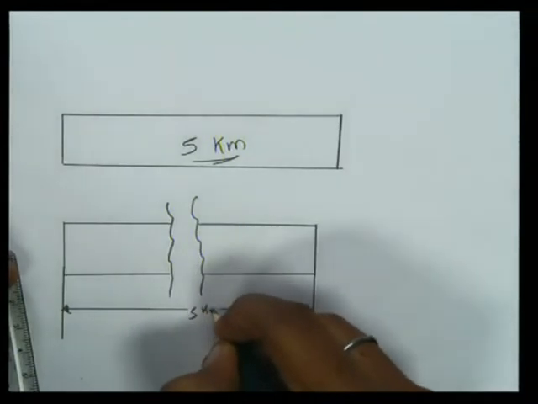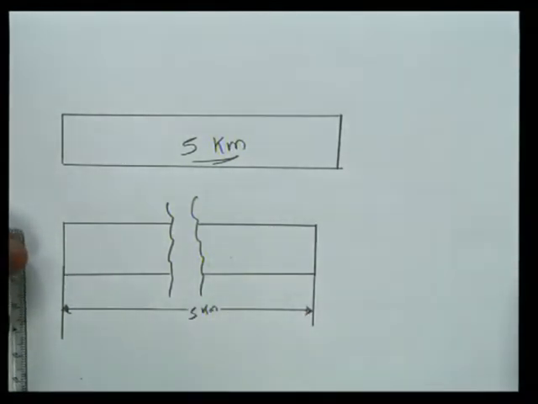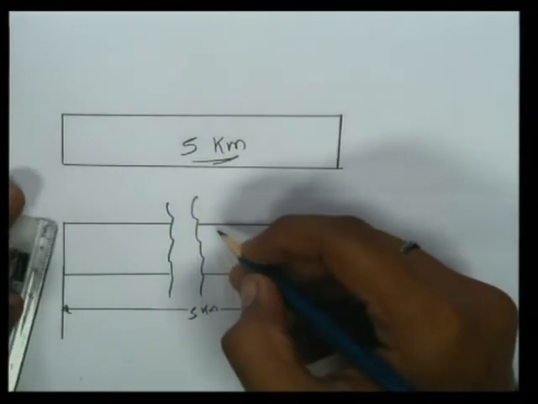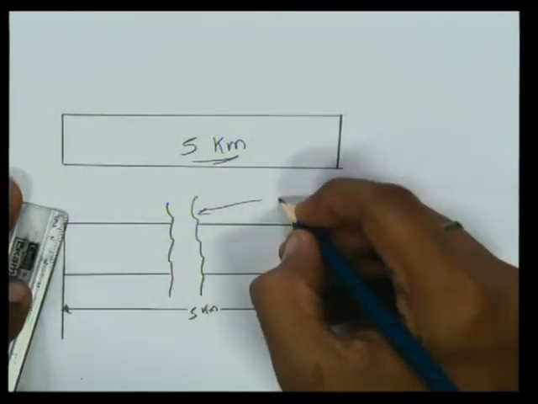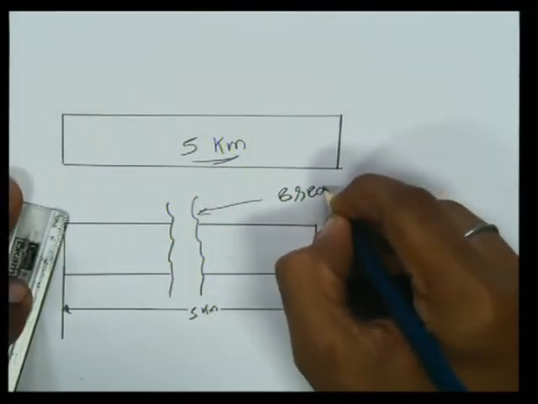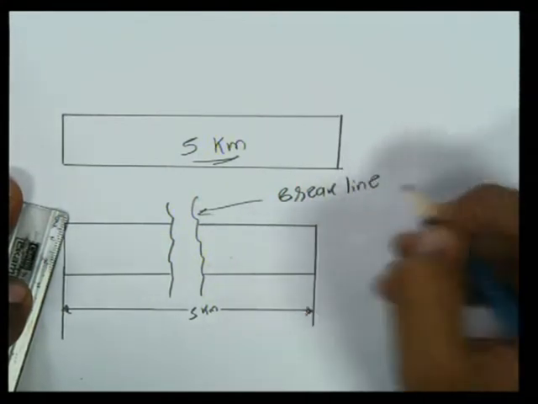I'll just write down 5 kilometers. It's for graphical representation purposes. This is called break line.